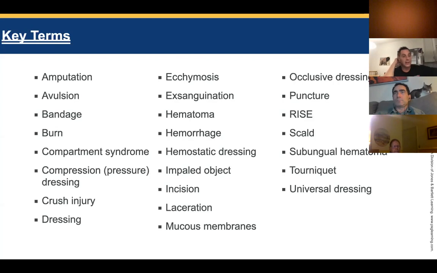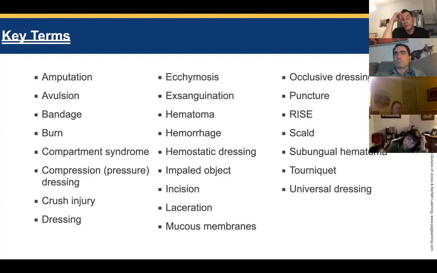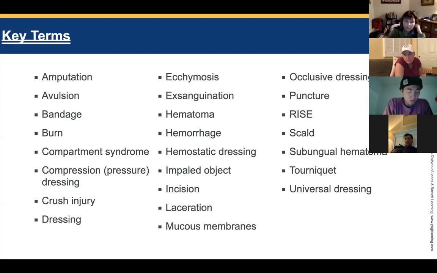Knowing what those are. The biggest thing for burns is that they're painful for the patient when they've got air to them, and so we're trying to either put wet, cooling dressings, keep as much air away from them, or use an occlusive dressing.